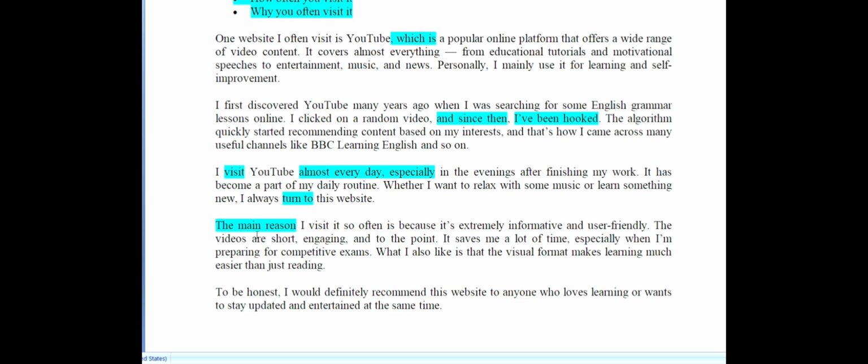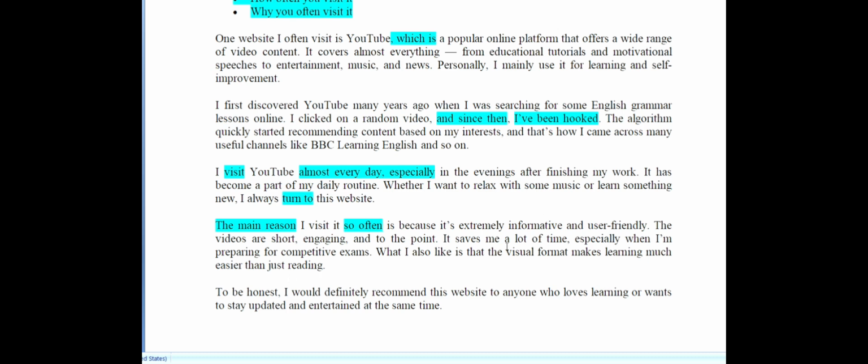What I also like is that the visual format makes learning much easier than just reading. What I also like is again a good phrase to learn. So you are comparing this with the reading part and you say this is what is so good about it.